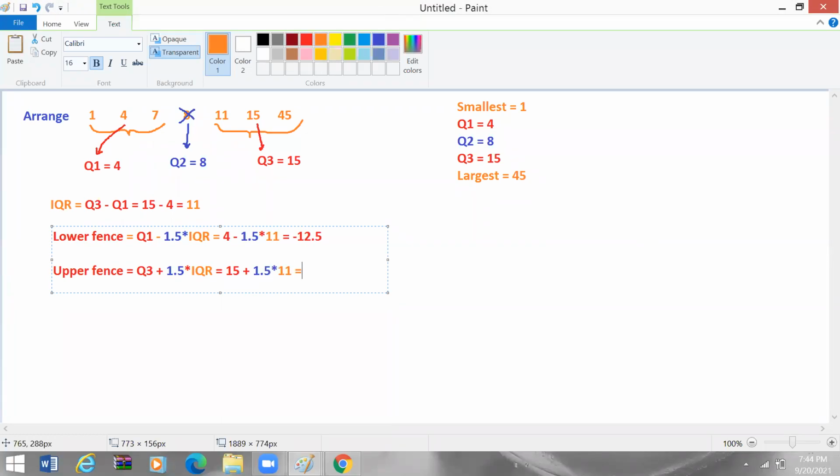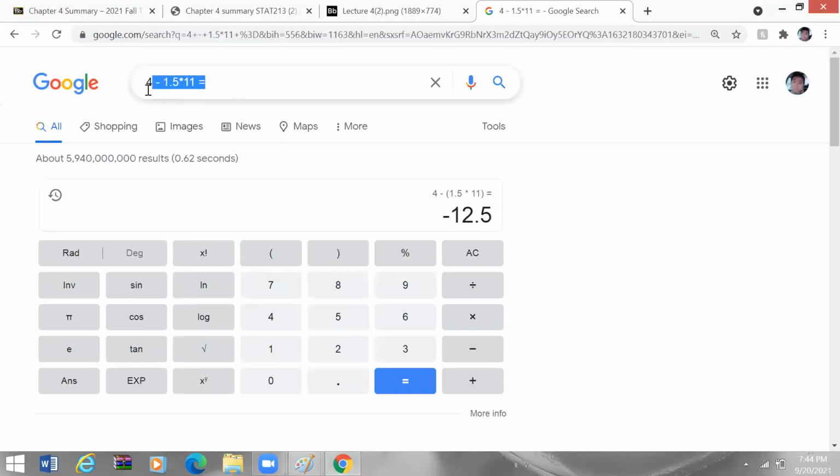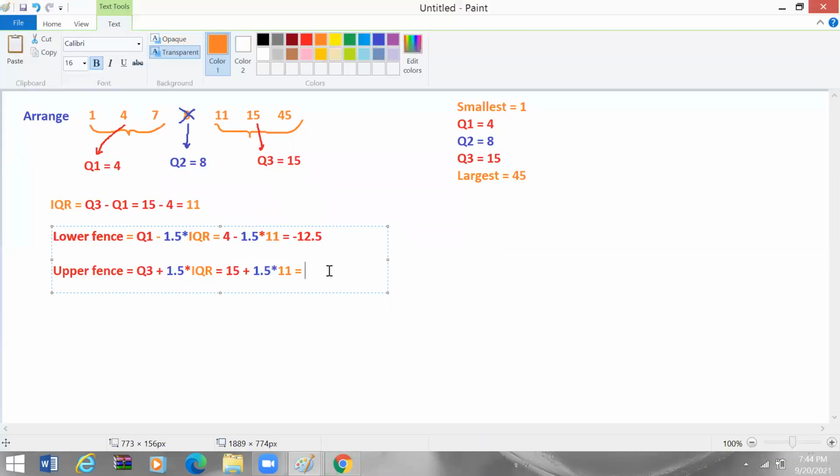And we want to compute this calculation, so we definitely want to do it on Google. Okay. So I got the answer: it is 31.5. Any concern?